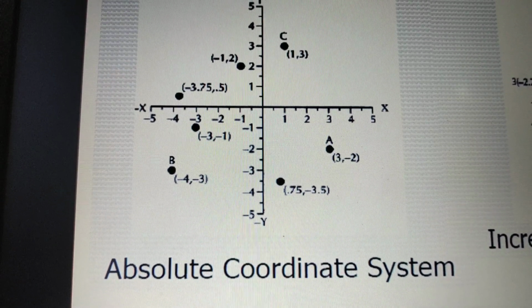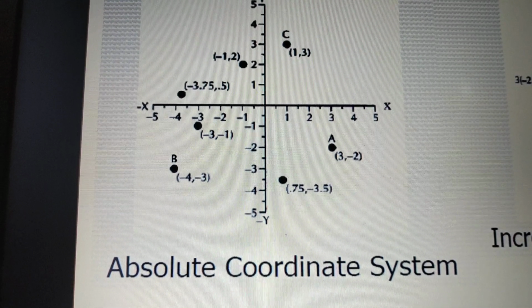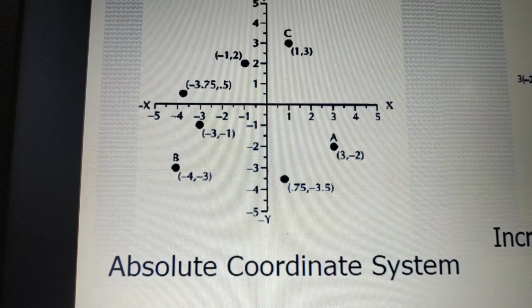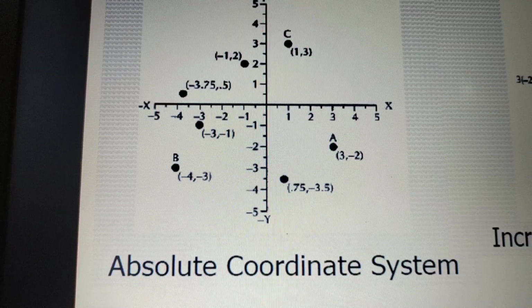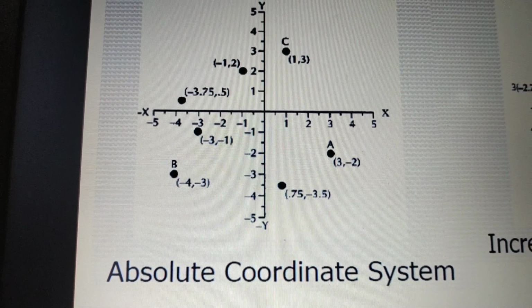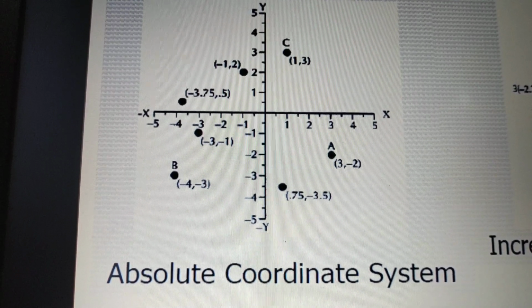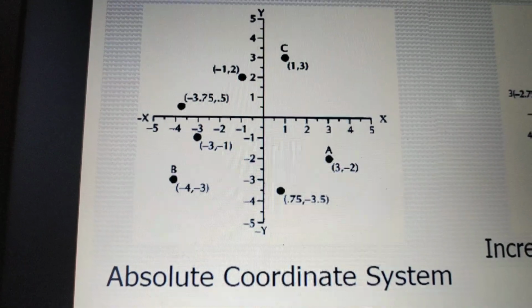The code used for the absolute programming method is G90. One of the advantages of the absolute coordinate system or absolute programming is that if a mistake happens at one location, then that mistake is not cumulative.